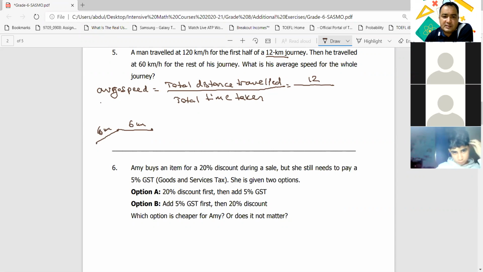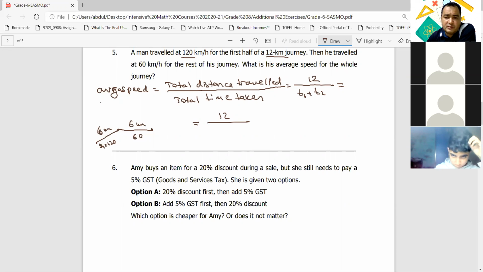And for the first part, the speed S1 is 120. And the second part is 60, right? So what is T1 plus T2? Here we have two different times, for the first part of the journey and for the second part. So the average speed is 12 over the total time.